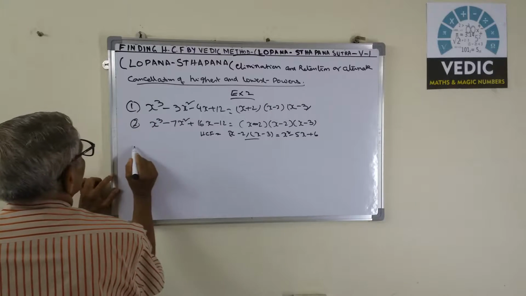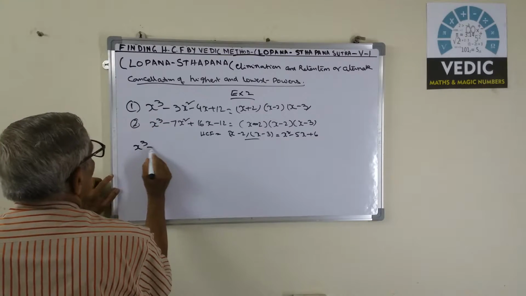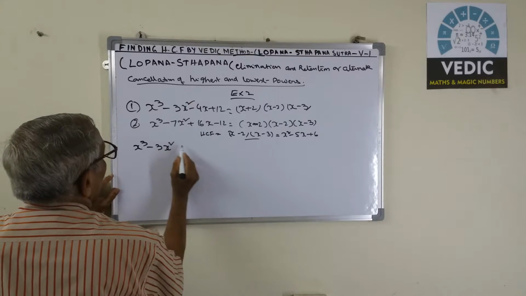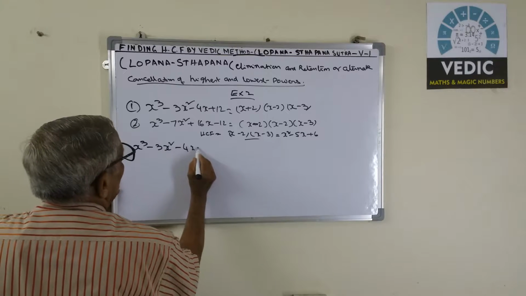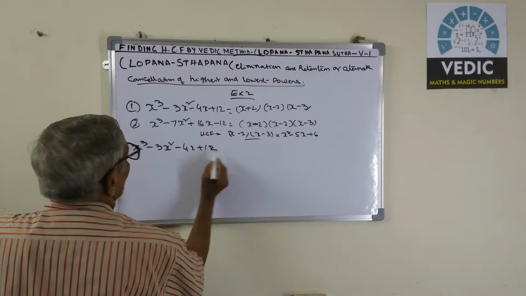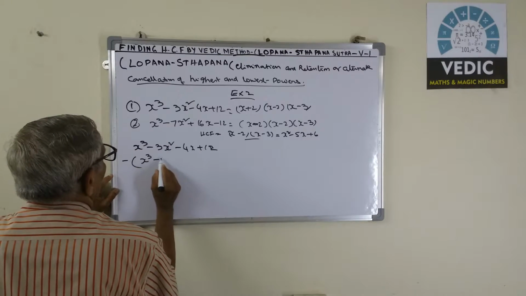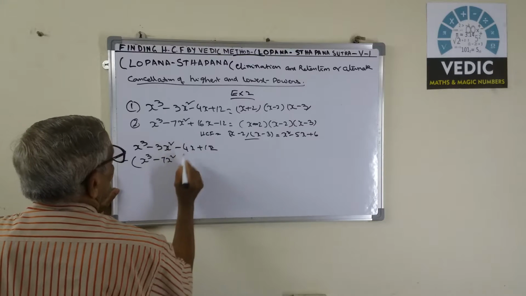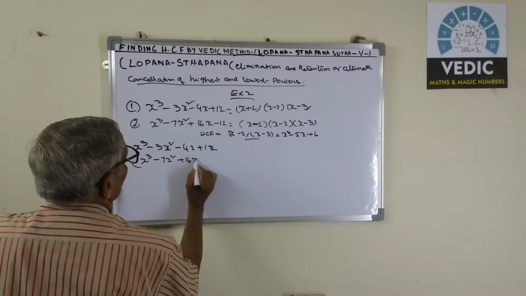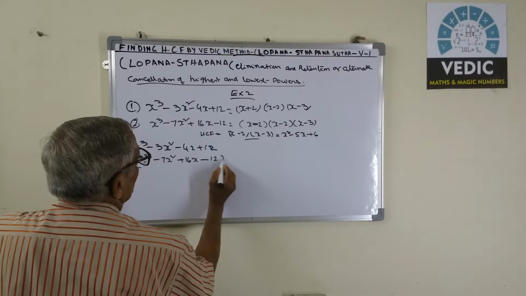Let us take the equation x cube minus 3x square minus 4x plus 12 minus x cube minus 7x square plus 16x minus 12.